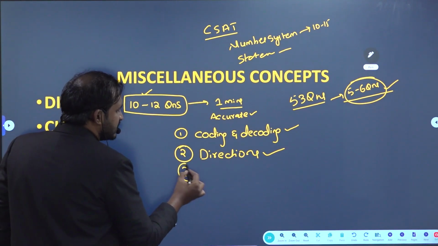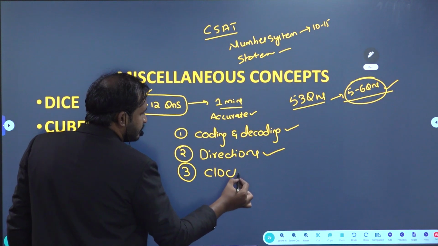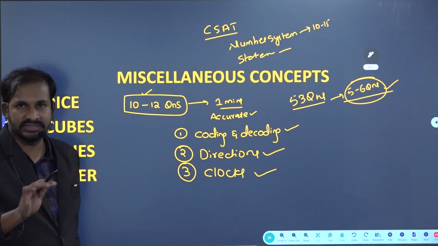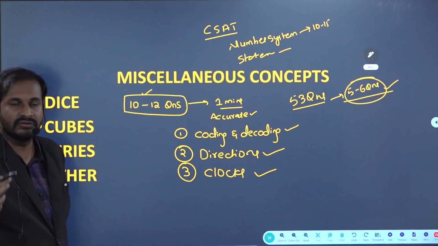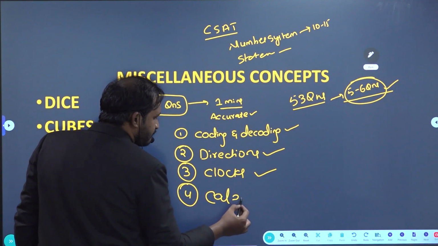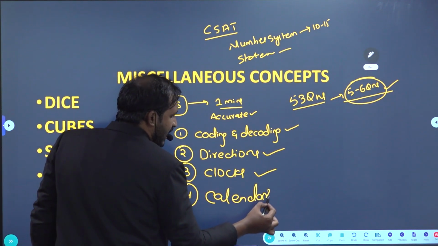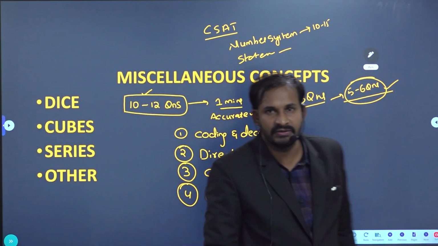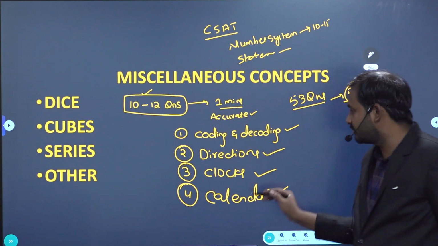One question they are asking from clocks, attempt that question. Learn the concept, it is simple, and within a minute you will get the answer. One question they are asking from calendars, solve that question. It is a very simple concept, if you put a little concentration you can attempt it.